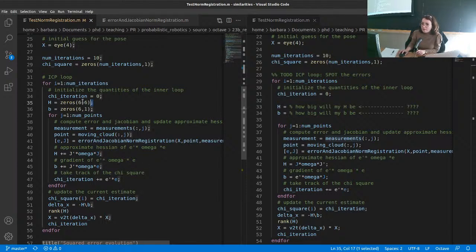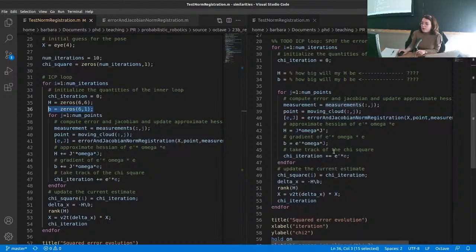So once the dimensions of the H matrix and of the b vector are filled correctly, then you could move on with this for loop on the number of measurements and spot the errors. There was one error here and another one was here.